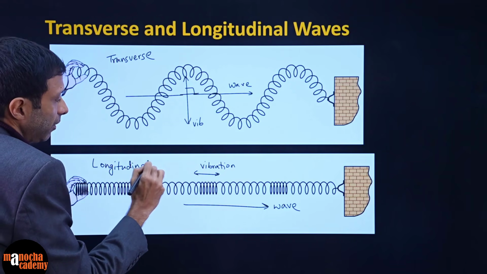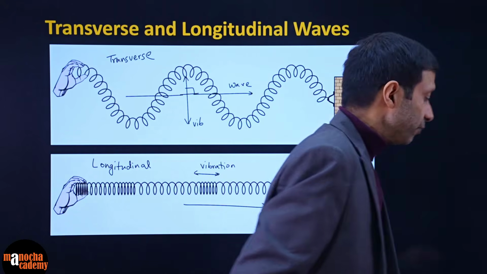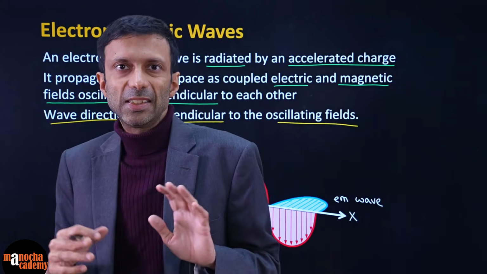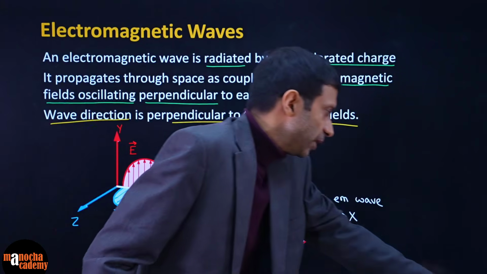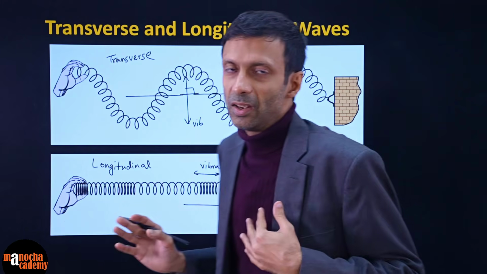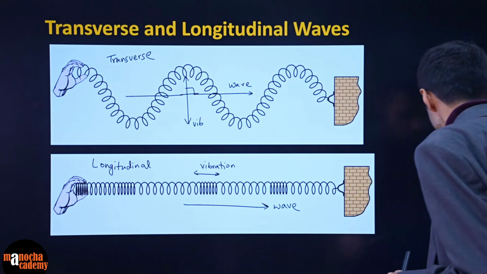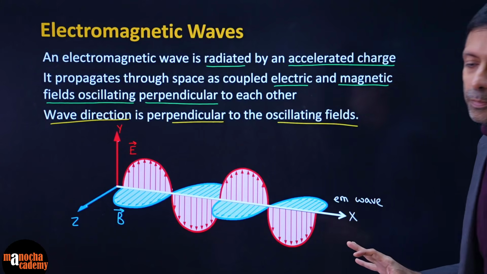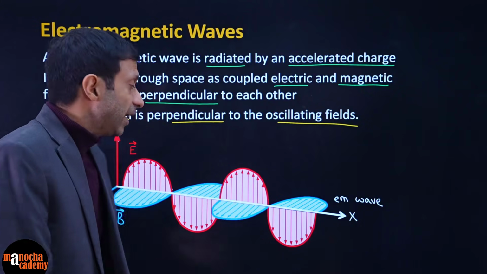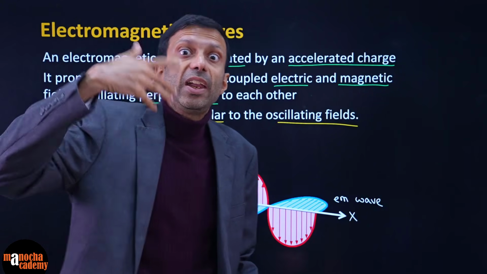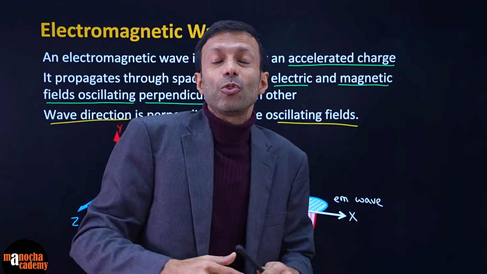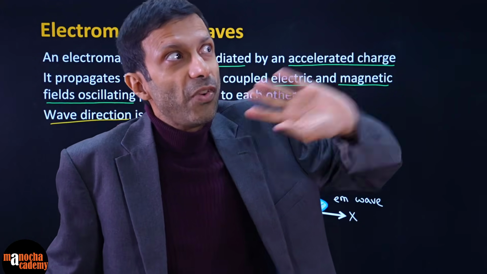Now you tell me, electromagnetic wave, one important difference is that it propagates through space. So it doesn't need a medium, but we can still classify it based on transverse and longitudinal. Which category does it belong to? Will you choose transverse or longitudinal? The important difference I told you is there is no particle. It is the electric and magnetic fields, the variation in fields, and that is why electromagnetic waves can travel through vacuum, through space.